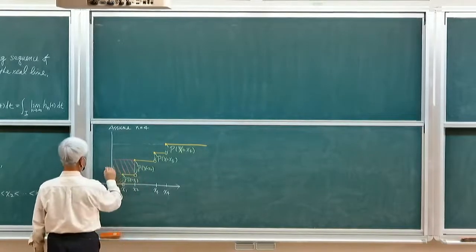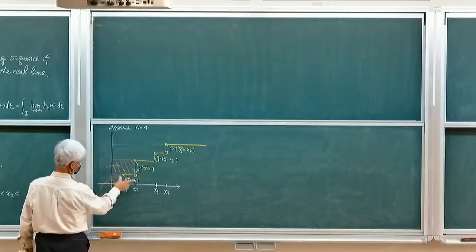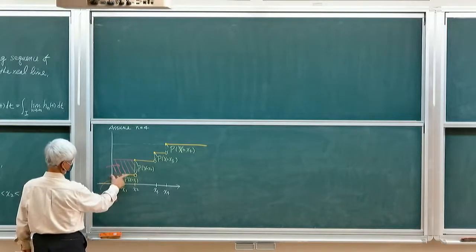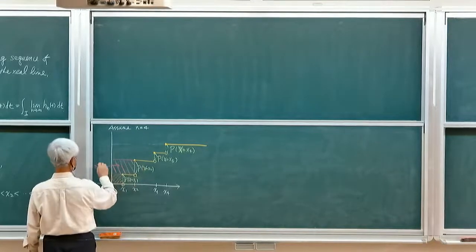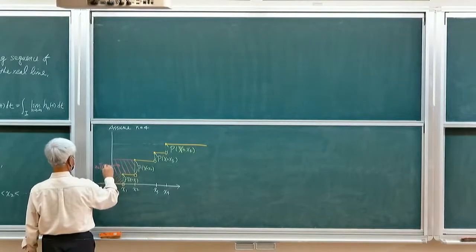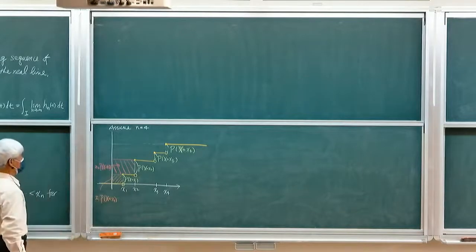Okay, so now the length would be x2, and the width is the probability that X equals little x2, right?